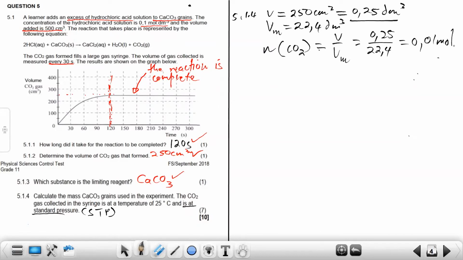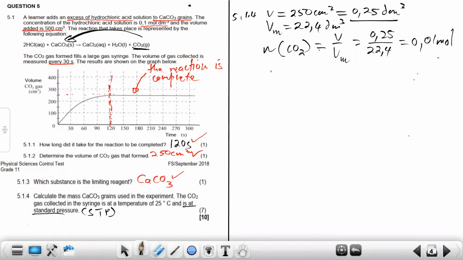But these are the number of moles of carbon dioxide. So what must I do? I must relate the given with the unknown. I must use the molar ratio between the two. That is the complex stoichiometry calculation that we spoke about.